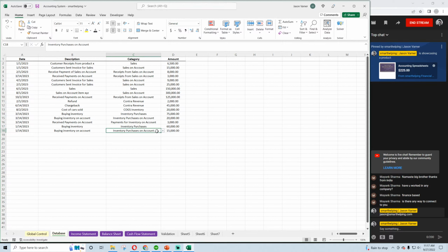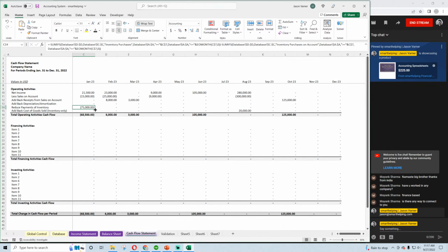Inventory on account. And then we had another 95 in March. Let's make sure that's working. Okay, it looks good. So this is when actually the inventory is going out.